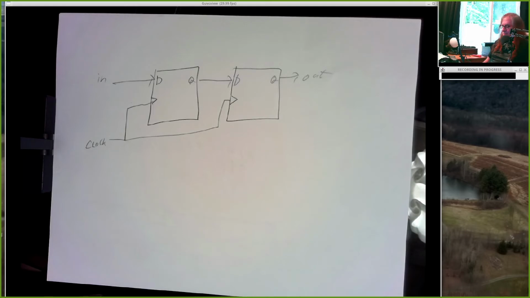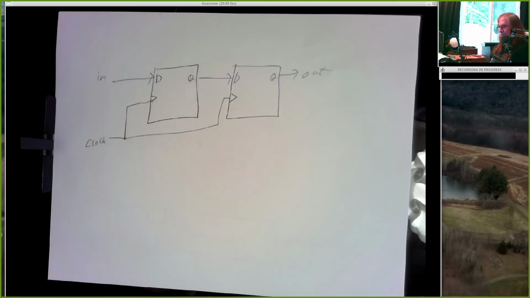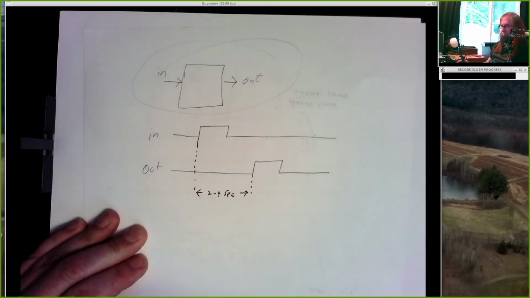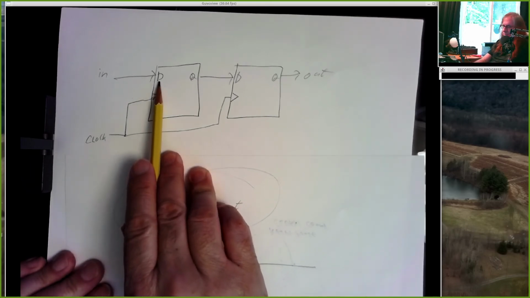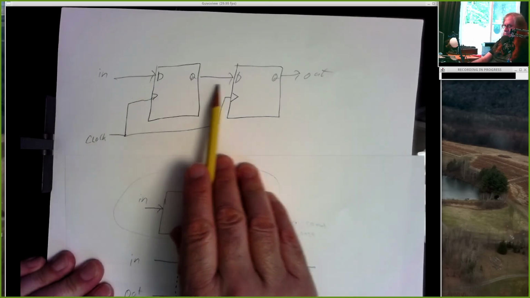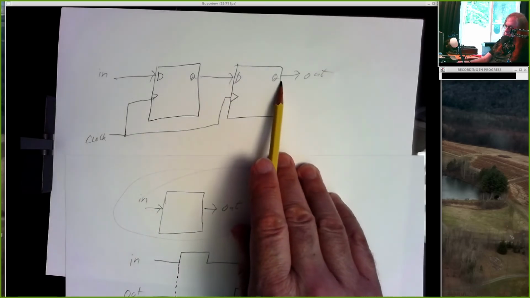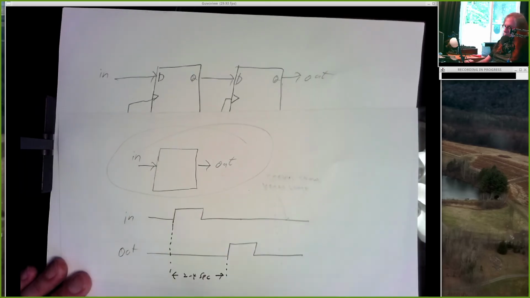Alright, a pair of D flip-flops, clocks connected together as usual. And we're trying to build this thing. So our input is going into this first flip-flop's D input. The output of that goes into the D input of the second flip-flop, and that second flip-flop's Q output, that's the output from our experiment 1 circuit.